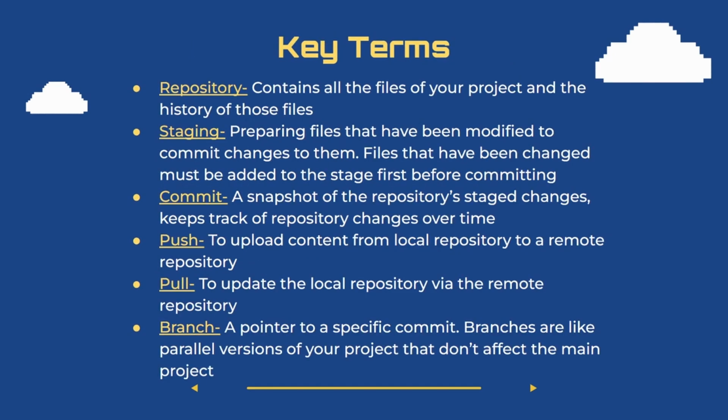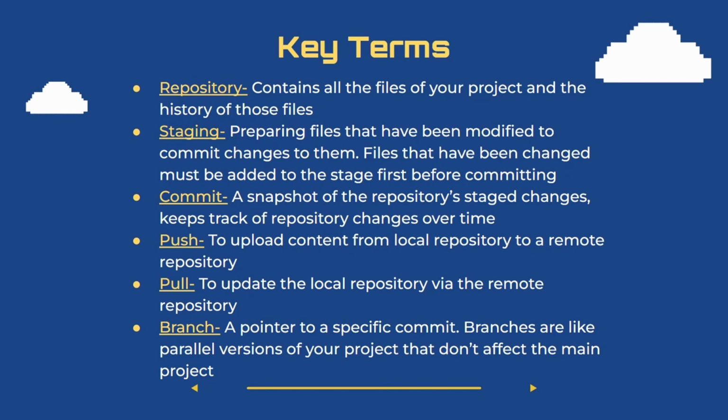Some key terms that have to do with Git, the main ones. First is repository. A repository is basically your project as a whole. It'll have all of your project files. Think of it like the main folder of your game. It'll have all of your assets, all of your code for your mechanics, etc. The second term is staging.